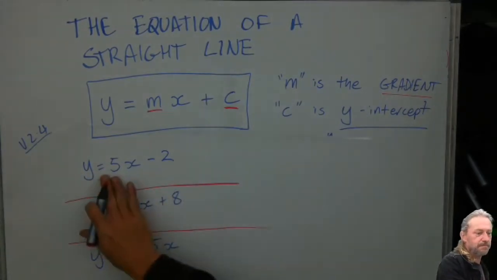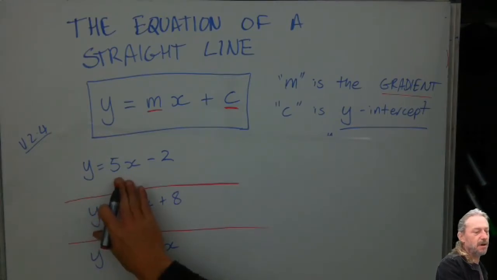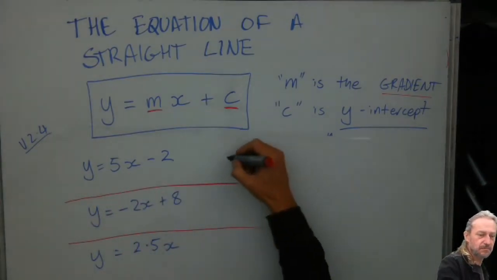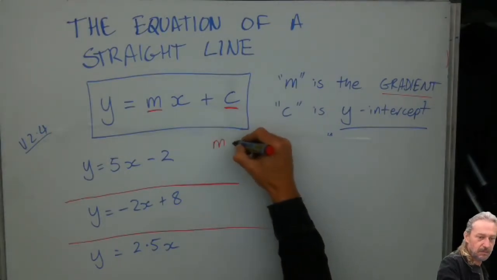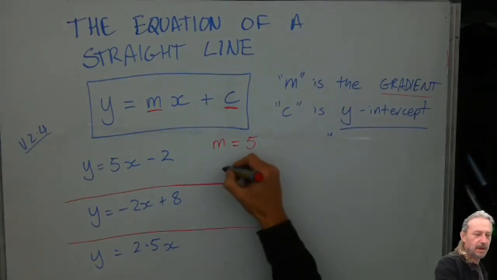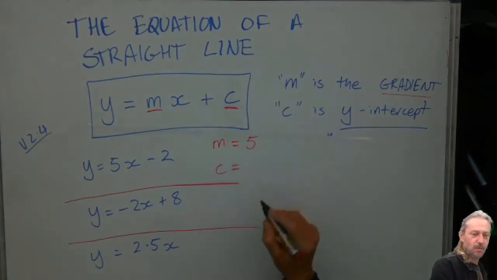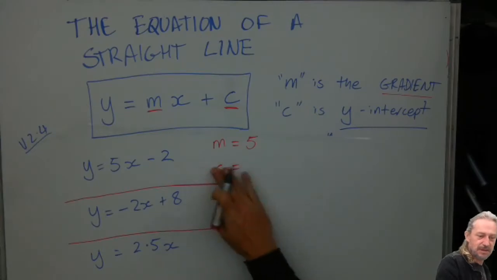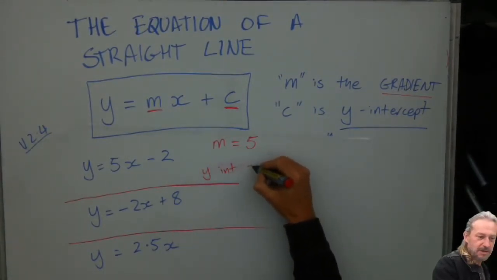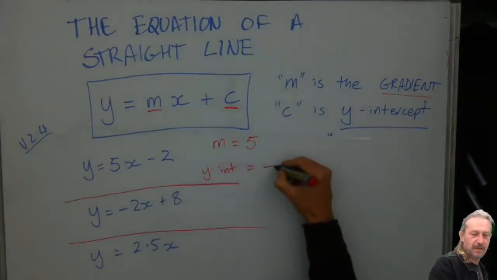So in this one, we've got y equals 5x, take away 2, so our gradient is 5, and our y-intercept, let's not call it c, the y-intercept equals -2.